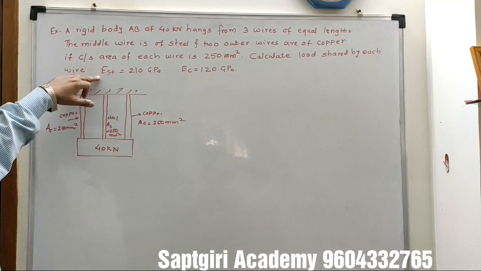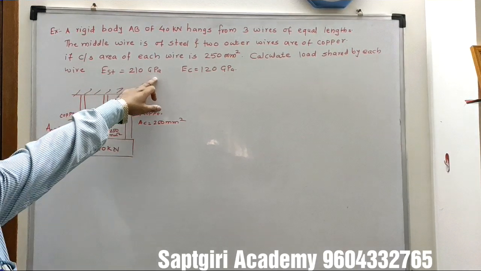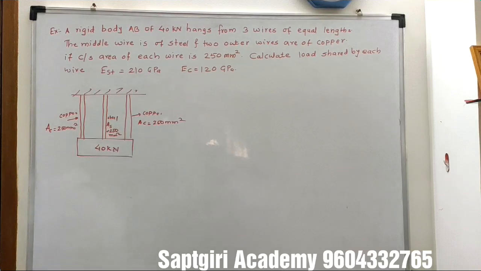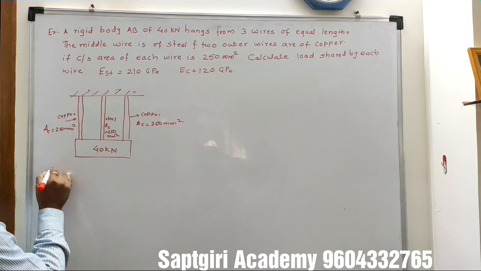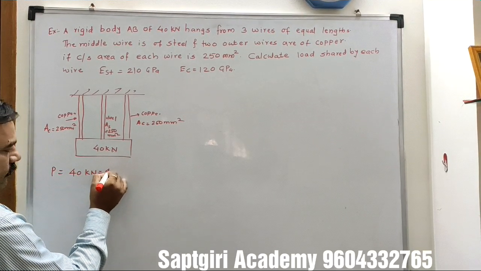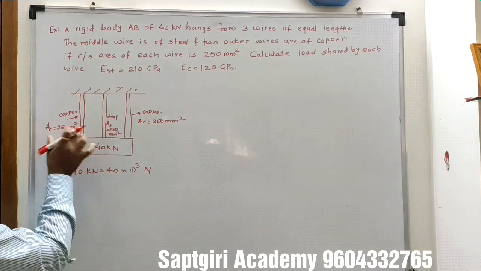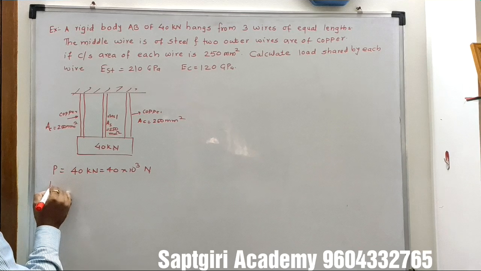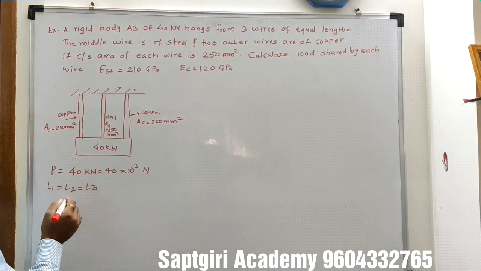Here the modulus of elasticity for steel is 210 GPa and the modulus of elasticity for copper is 120 GPa. So the given data is P equal to 40 kN, that is 40 into 10 raised to 3 Newton. The length of each wire is the same, so L1 equal to L2 equal to L3.